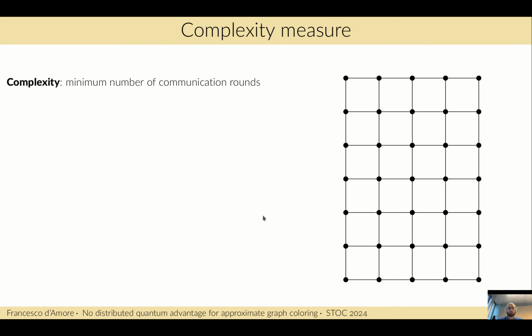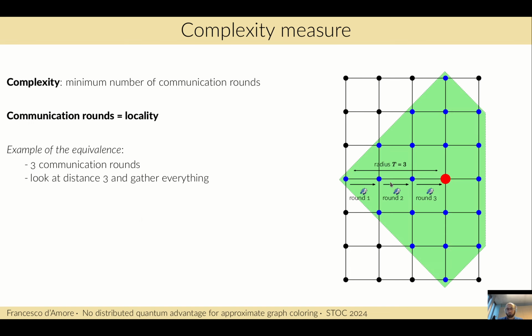The complexity measure of a problem in this model is just the minimum number of communication rounds required to solve a problem, and I want to stress the fact that there's a link with locality. Let's look at the distributed system from the perspective of the red node, and let's imagine that three communication rounds have occurred in this system. Then all the information that this node knows comes from distance at most 3 from it.